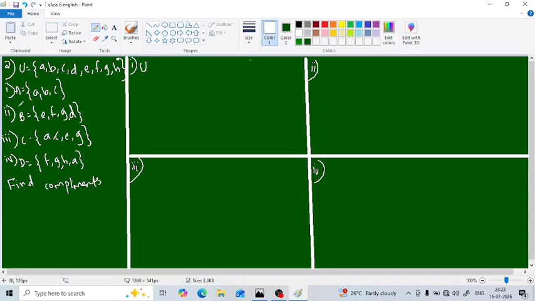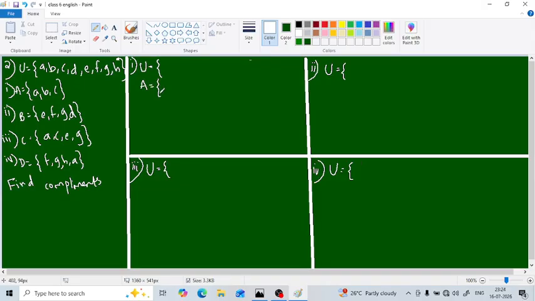Okay, since we have to write the complement of these sets, we have to write the universal set in the answer of each sub question. Okay, so we have to write the universal set in all these 4 sub questions' answers. Okay, then to write the first complement, the complement of A, we have to write A also.